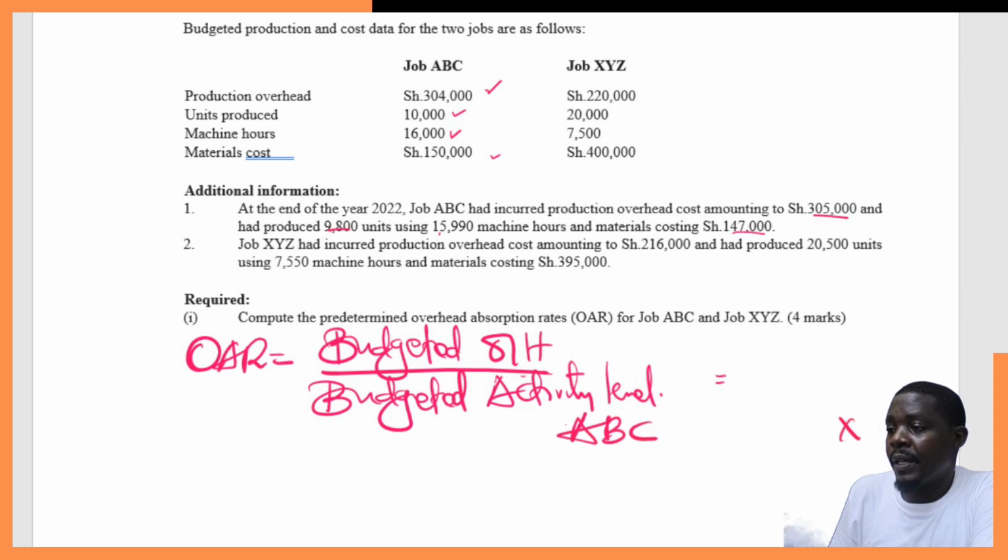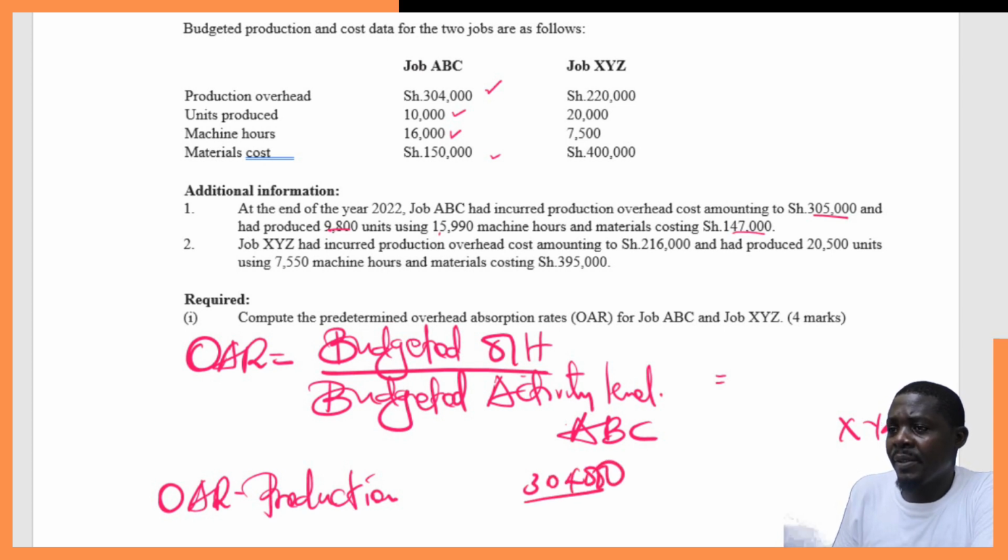In this case, we can look at the overhead absorption rate for production. We are going to say that the budgeted overhead, that is 304, over budgeted activity, which is the number of units produced, 10,000.